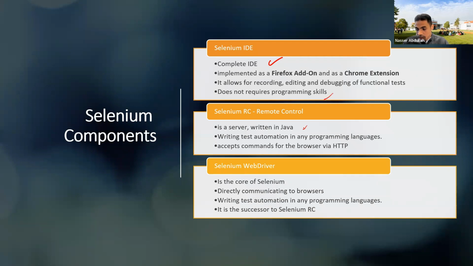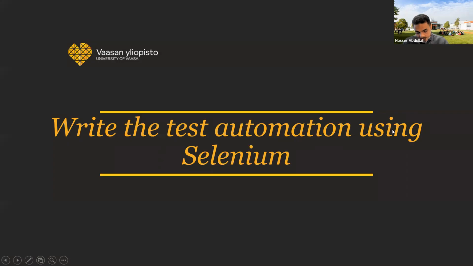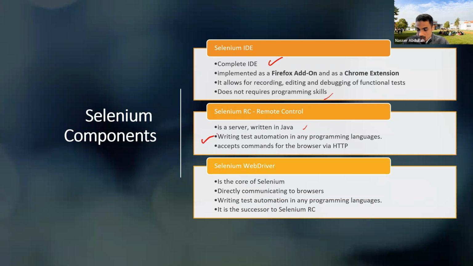The second one is Selenium RC, which is Remote Control. This is a server written in Java. The tester can write his test script in any programming language, which is a good feature.